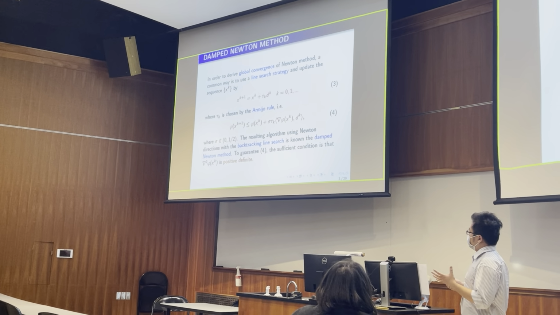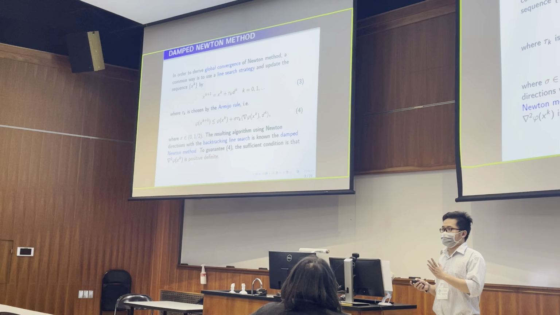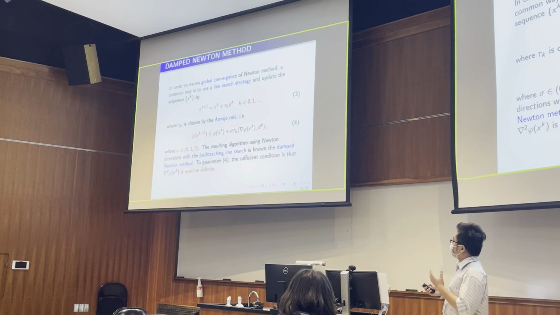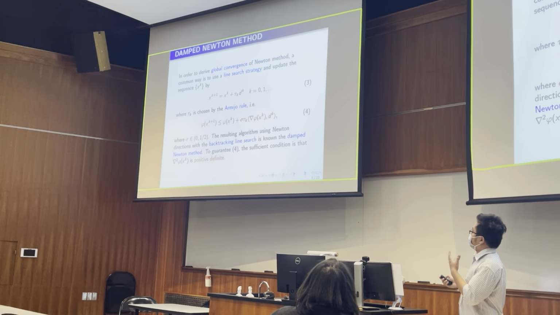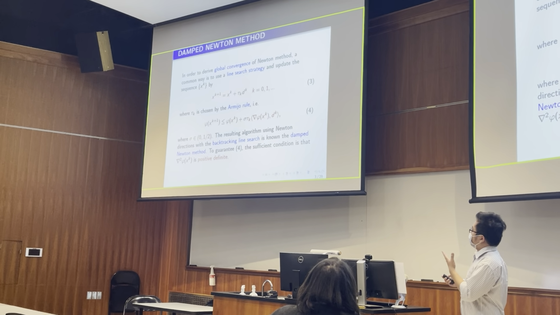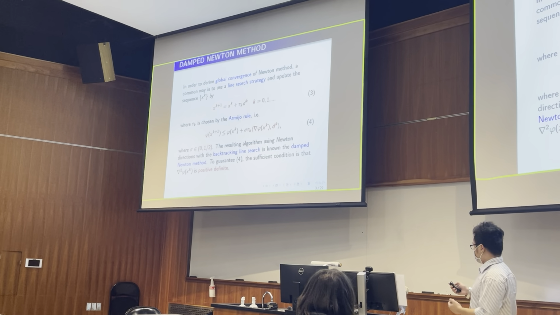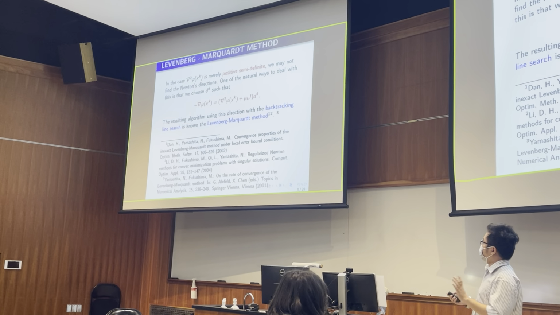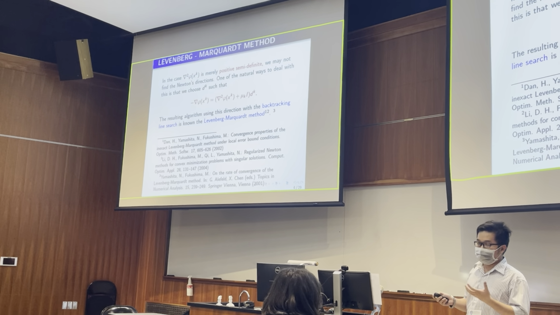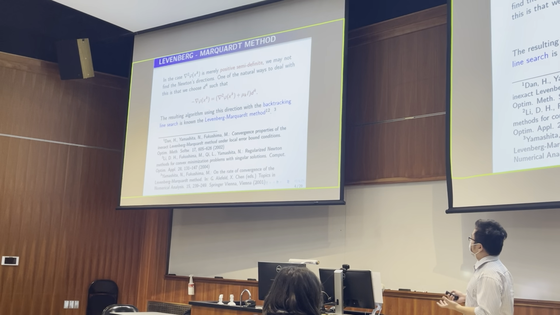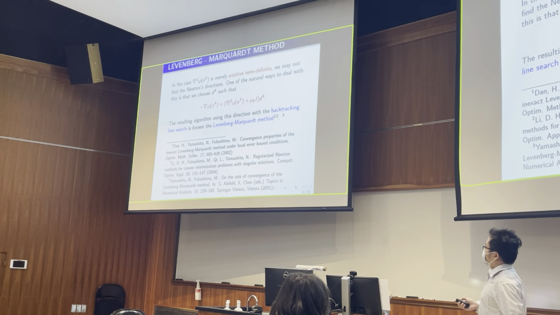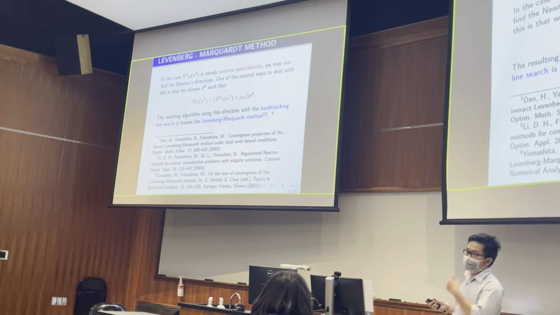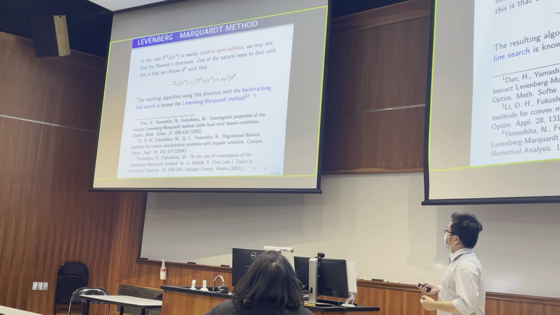In some cases, the positive definiteness of the Hessian matrix is not satisfied, so we will not get a descent direction. When the Hessian matrix is merely positive semi-definite, the Newton direction does not exist. To overcome this difficulty, a simple technique is to use another direction, not the Newton direction.